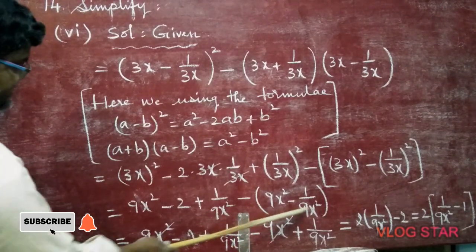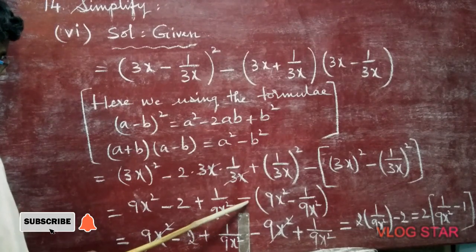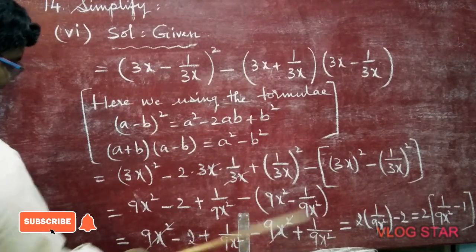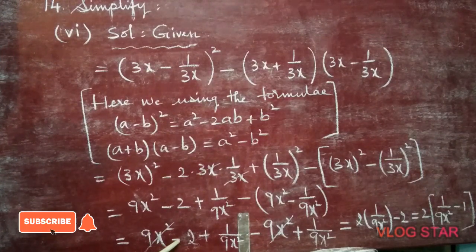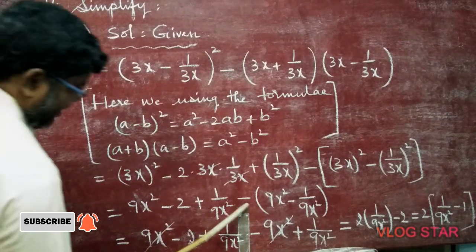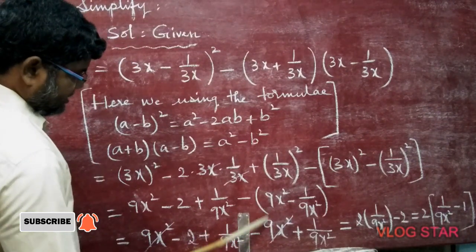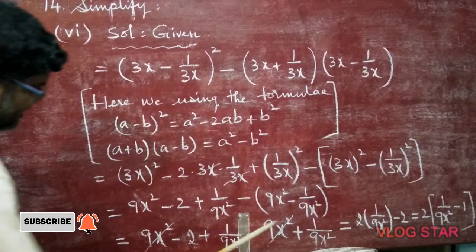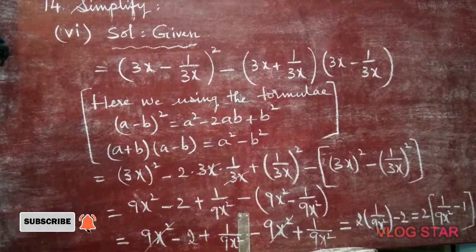Now minus is going inside the bracket. The signs become opposite: minus into plus, minus; minus into minus, plus. So 9x² − 2 + 1/9x², as it is. Now minus is going inside the bracket. Plus becomes minus, minus becomes plus. Here 9x² and −9x² get cancelled.